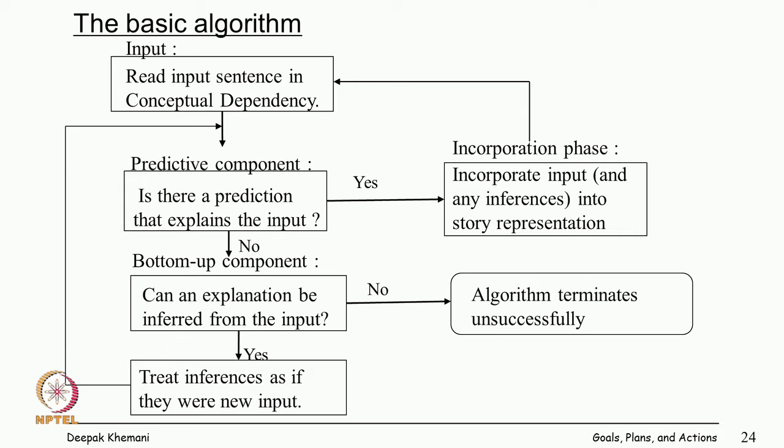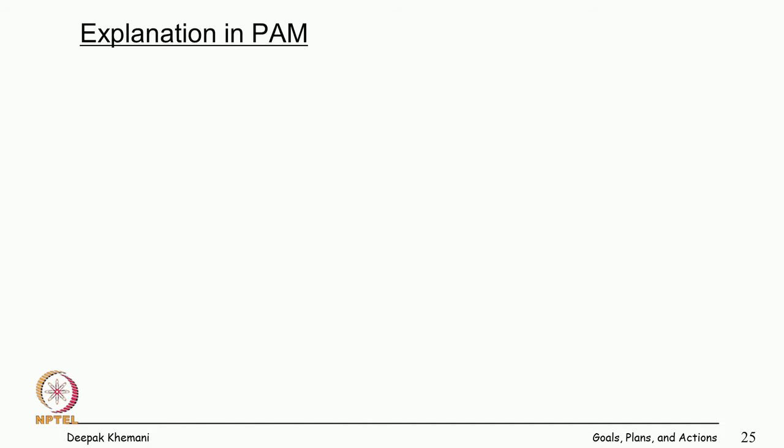So, it goes through this cycle of going through the predictive and bottom up phases till it has done some inference which it was expecting to hear about essentially, in which case it goes to the incorporation phase and then goes to read the next sentence, and we will see a detailed example shortly.